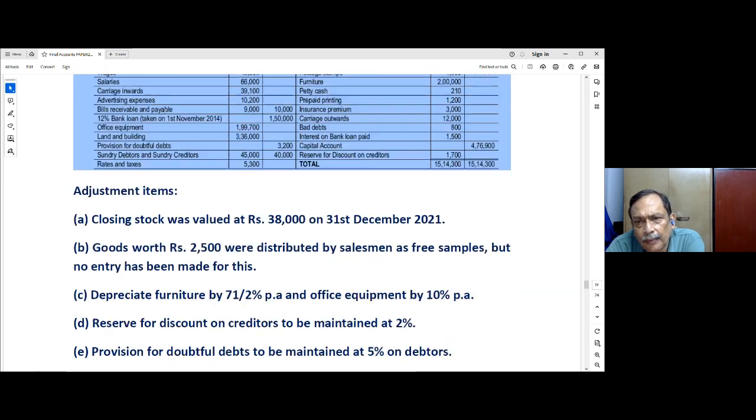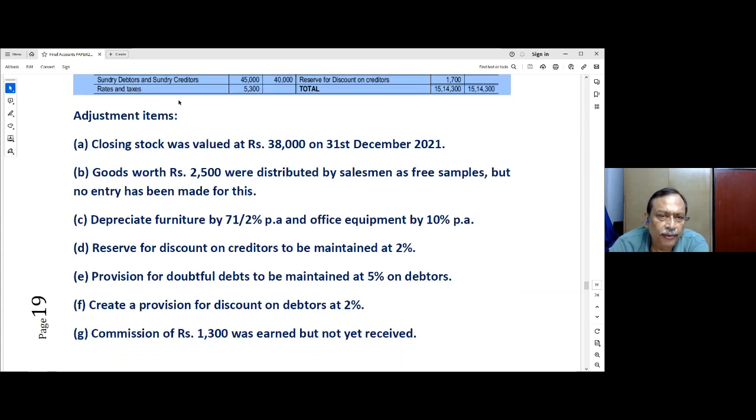Okay, now the adjustments given. Number one, closing stock was valued at rupees 38,000 on 31st December 2021. Goods worth rupees 2,500 were distributed by salesmen as free samples, but no entry has been made for this.